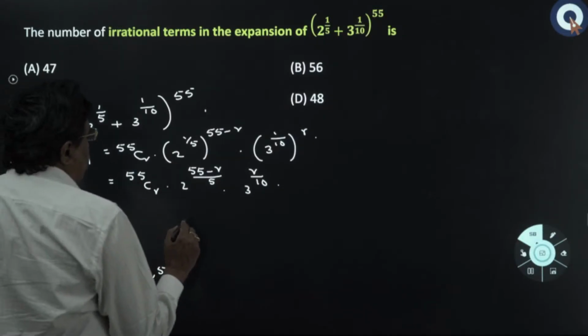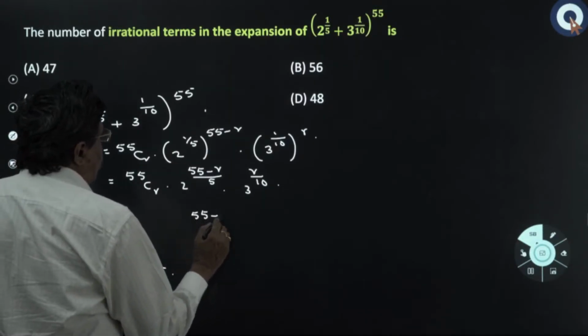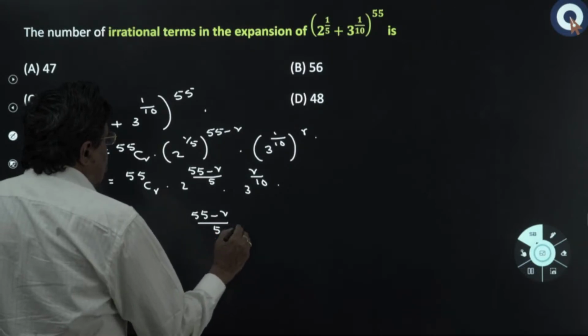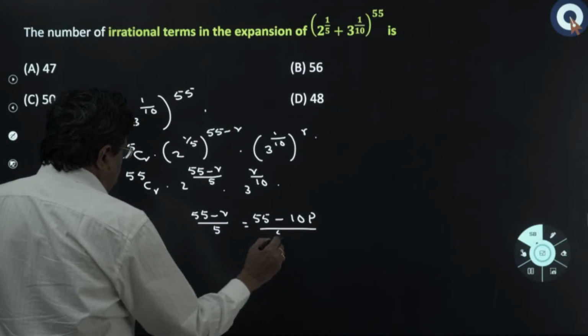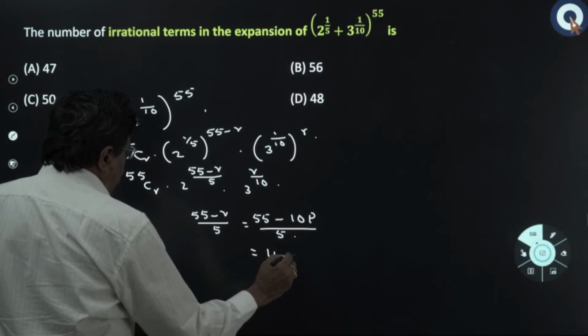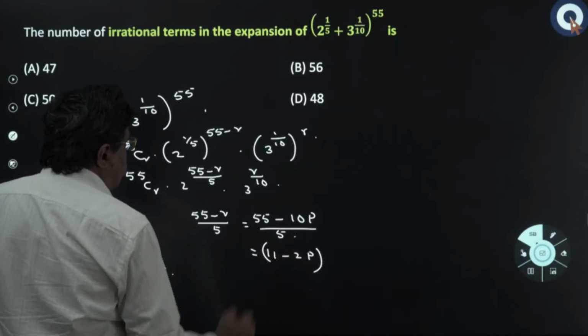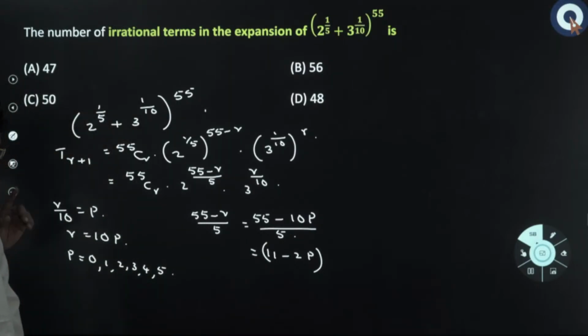Now (55 - r)/5, with r = 10p, is (55 - 10p)/5, which happens to be 11 - 2p.